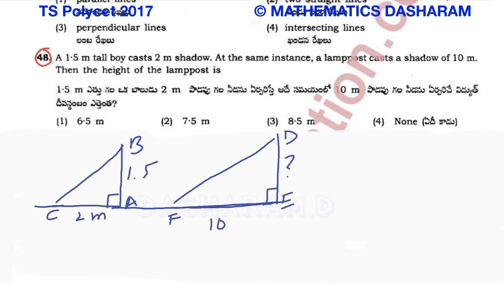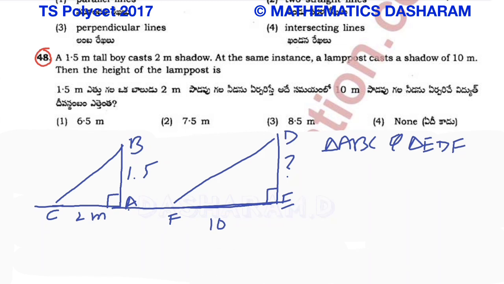So here the two triangles, triangle ABC and triangle EDF, are similar. Why? Because here angle A is 90 degrees.